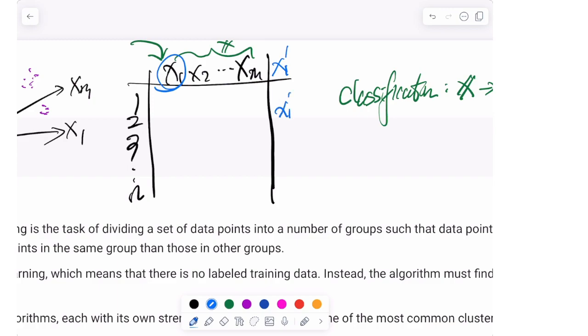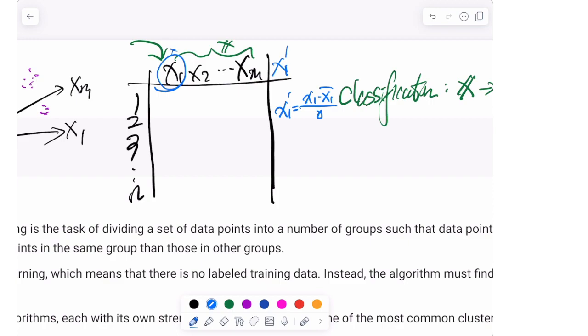So the x1 prime might be normalized, something like this. So that is the z-score of the x1 data, right? So we use the z-score of x1 data as an x prime feature. So we don't use x1 anymore.